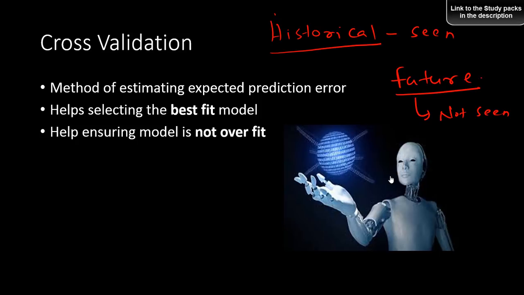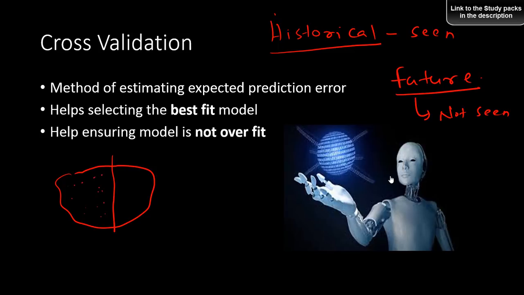So in order to ensure that it works there, we need to hypothetically create future data out of the historical data. If you have historical data, we just divide it and build the model assuming only one portion is the historical data.